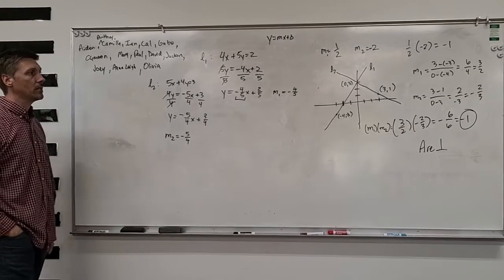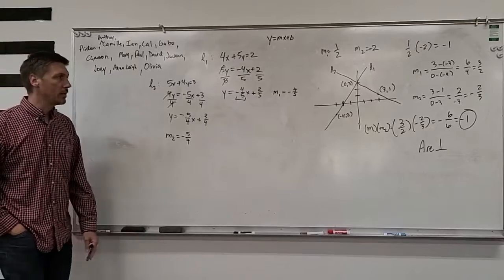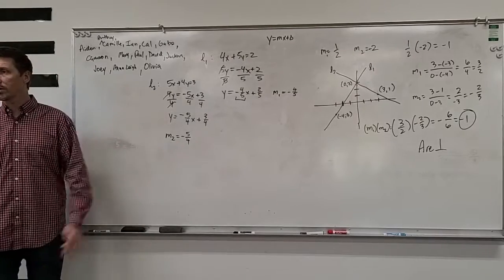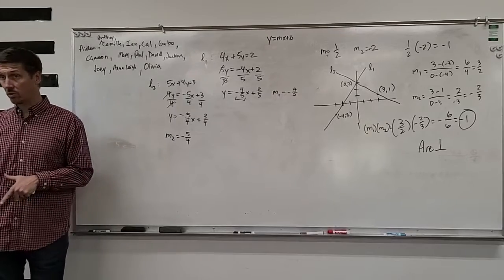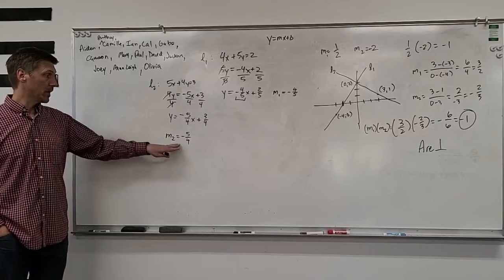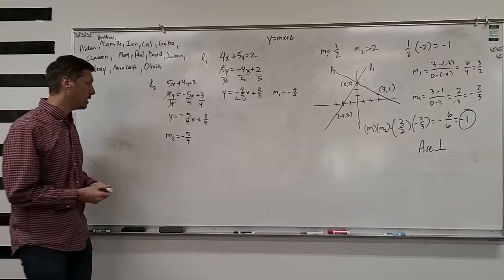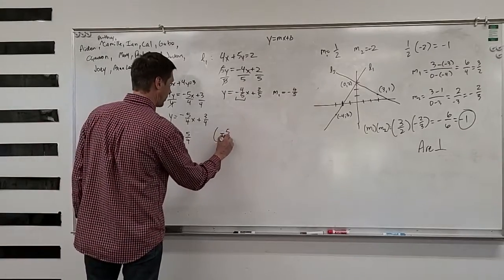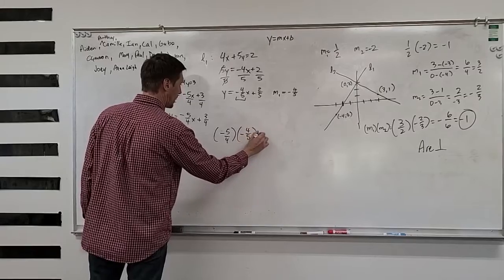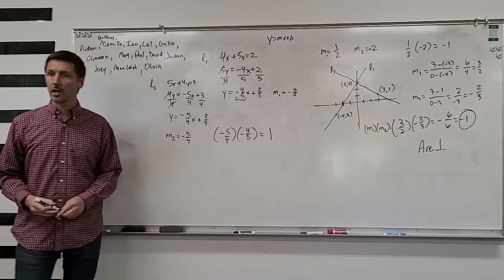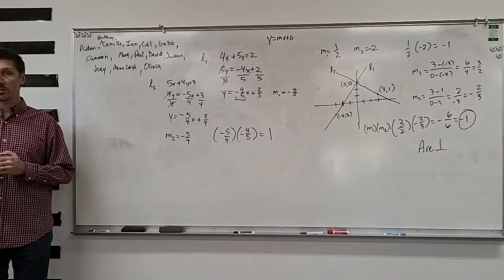So don't be fooled by that. You look at it and you're like, oh yeah, one's the reciprocal of the other, these have got to be perpendicular. But remember, it has to be the negative reciprocal of the other. When we multiply negative 5/4 and negative 4/5 together, we get a positive 1, not a negative 1. So these are not perpendicular.